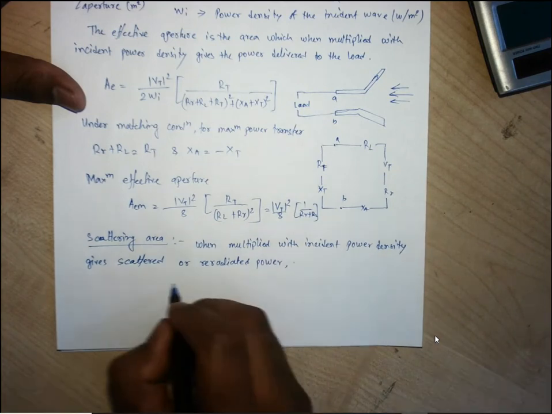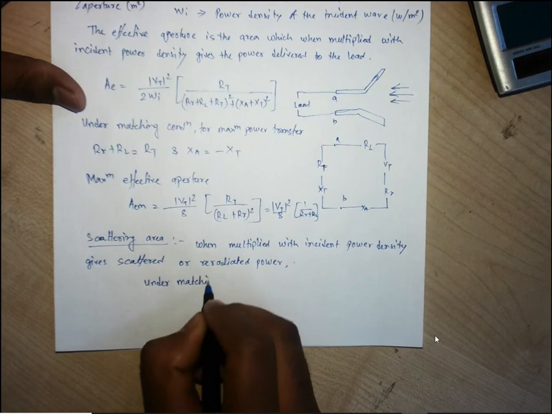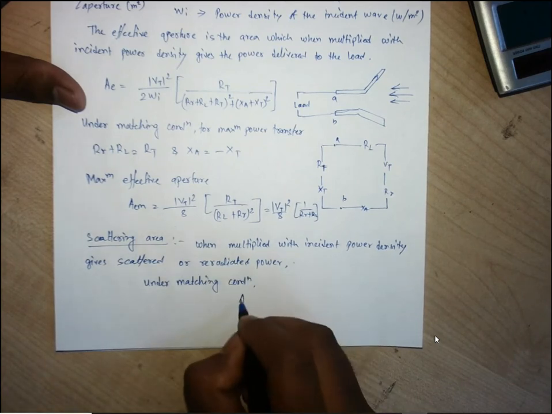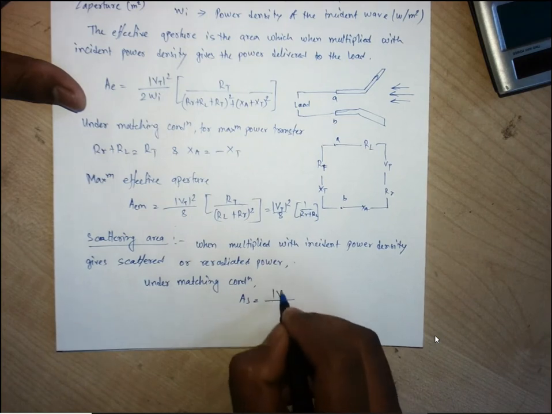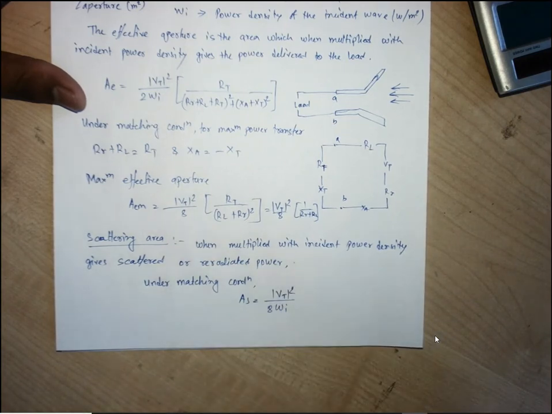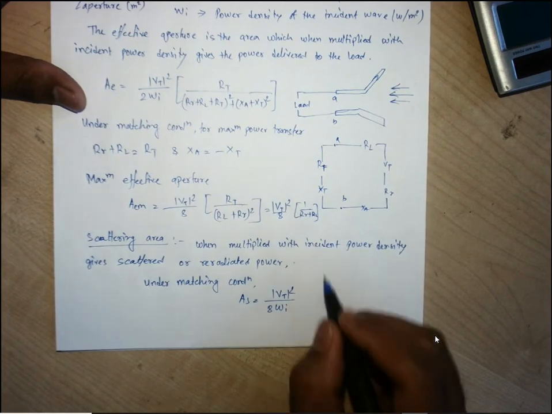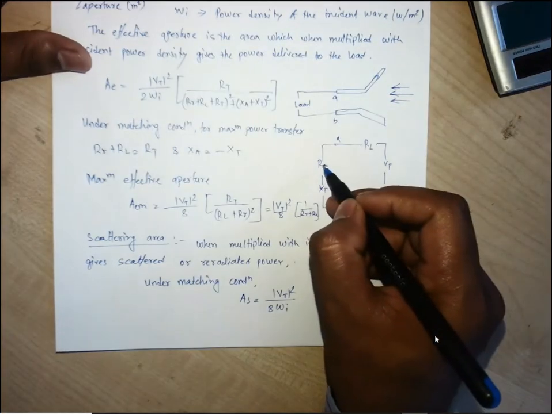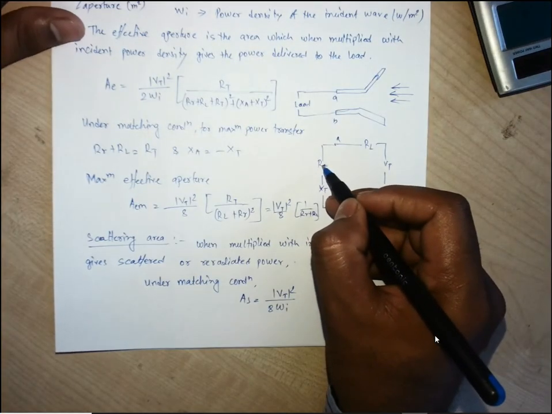So under the matching condition, how can we define that area? AS is equal to Vt square by 8 Wi. Here RT is considered for the load.